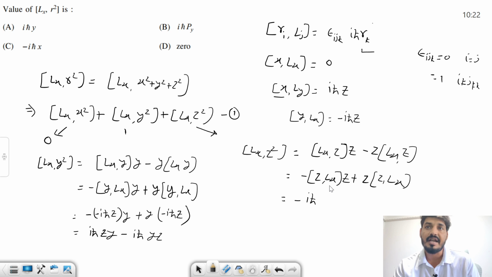This is zx and this is y, yz plus z iota h cut y. Fine. So you can now put this term and this term in equation 1. So these are cancelled with each other.